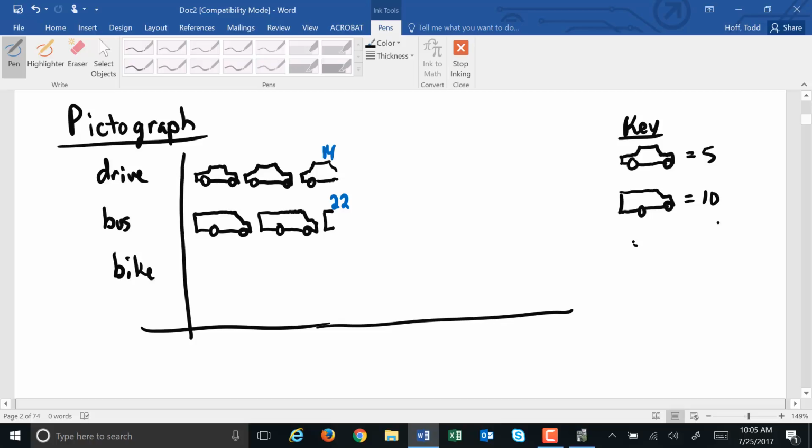Might have those that bike. Might have a bike equals 2 people.